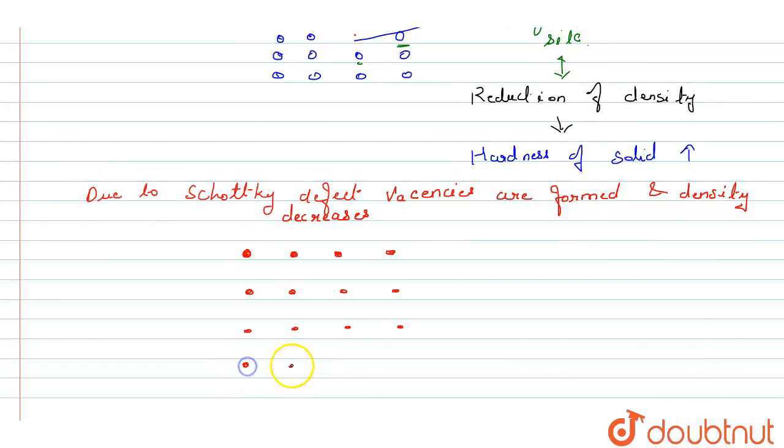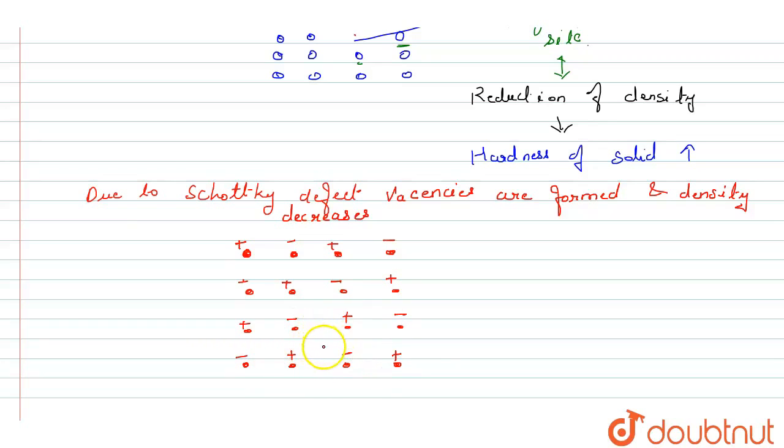Here it is positive, then negative, then positive, positive, negative, negative, positive, positive, negative, then negative, and here we have positive.